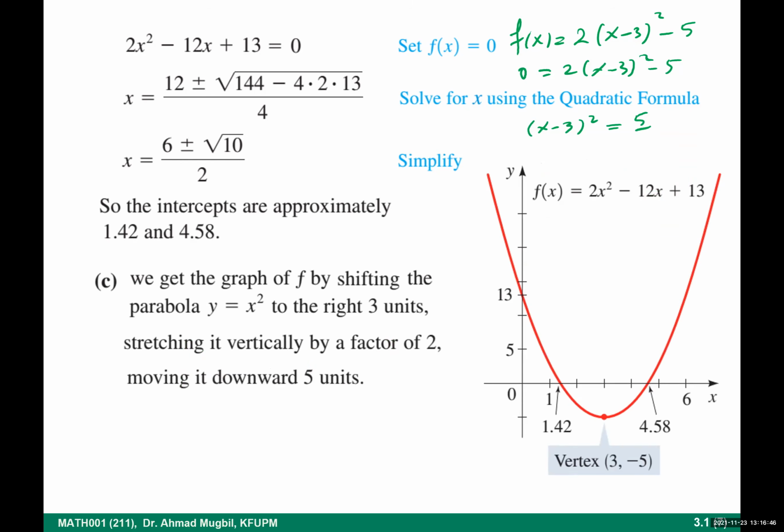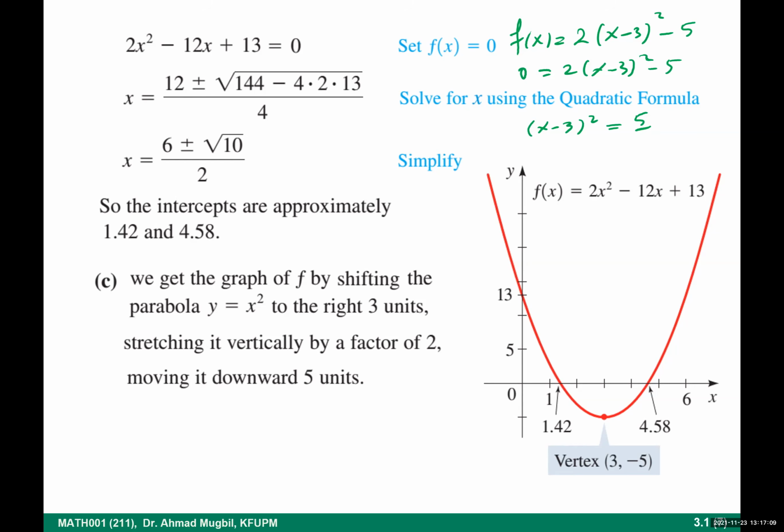They may ask you about the domain and the range. What is the domain of this function? Like any polynomial, it is all the real numbers. The range? We can generalize this, by the way. If the parabola opens up, the range will be from where to where? From k to infinity. If it opens down, it will be from negative infinity to k.